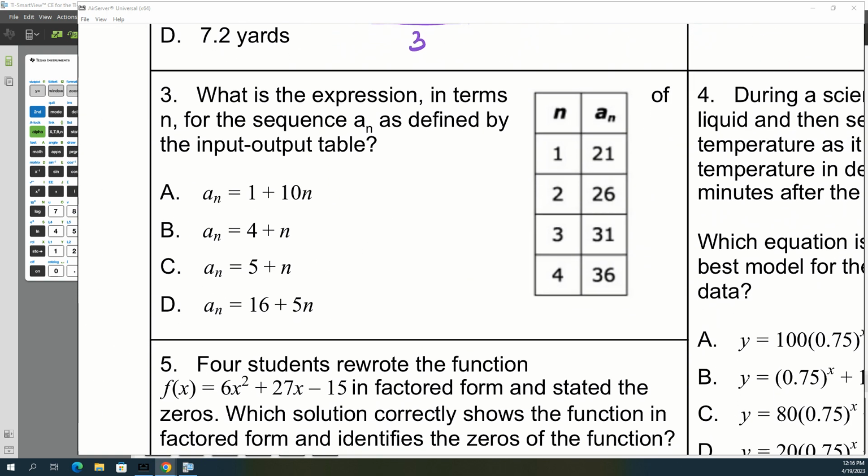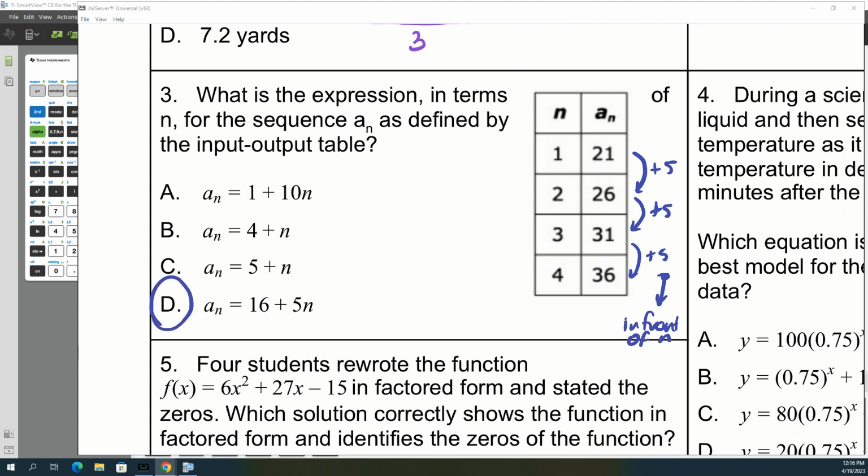Okay, let's look at 3. So, what is an expression in terms of n for this sequence a sub n defined by the input-output table? So, we need to look at what's happening in the sequence. What is happening in the sequence? We're adding 5. Good. So on sequences, when you're adding 5 each time, that 5 is going to be in front of the n, like the coefficient.